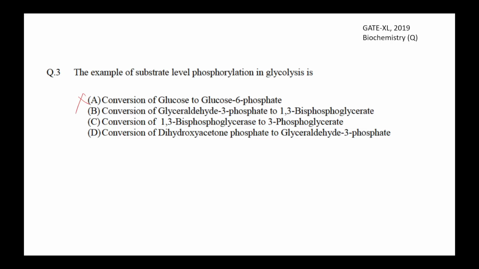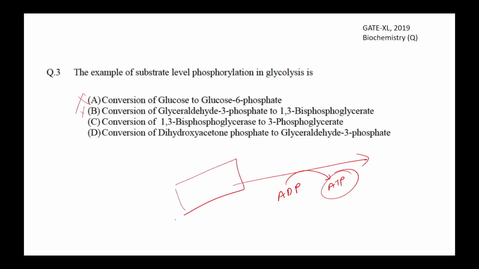Here also one more phosphate group is attached to our product of the reaction, so ADP is not getting phosphorylated. Substrate level phosphorylation is where we phosphorylate ADP to produce ATP, and this phosphate group comes from our particular substrate.